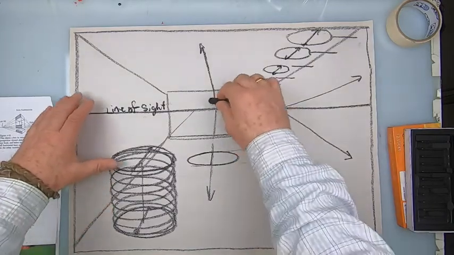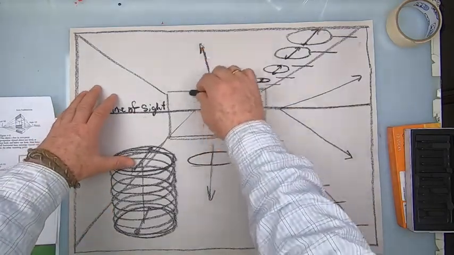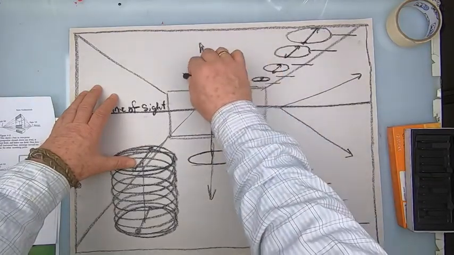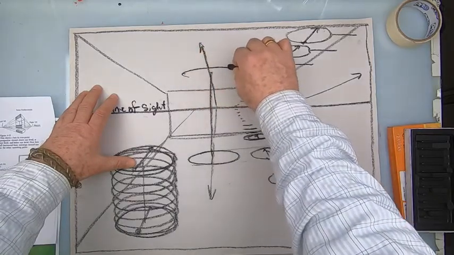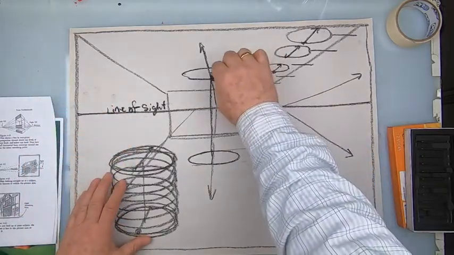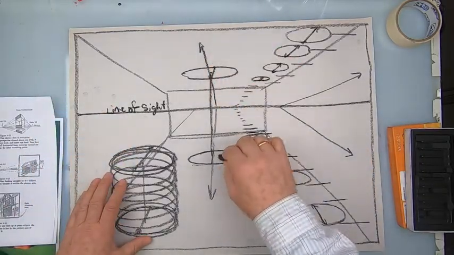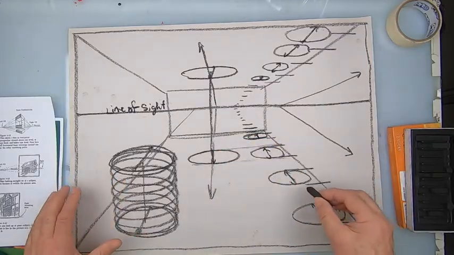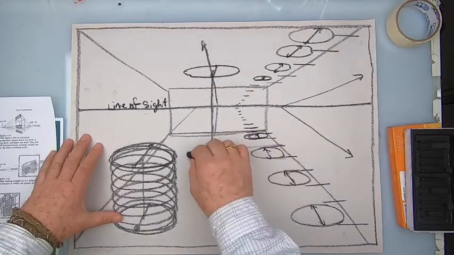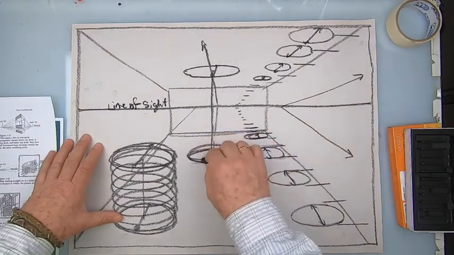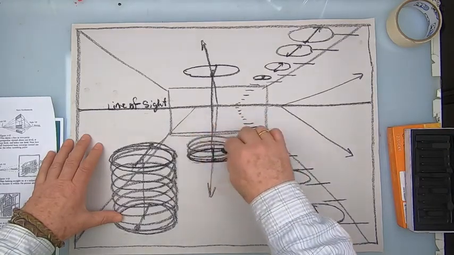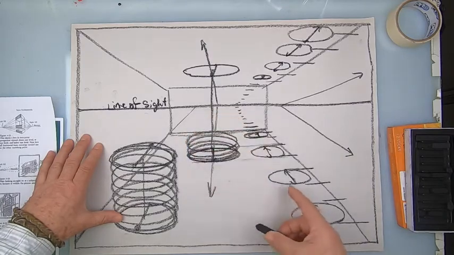And if we go above the line of sight, we're going to be looking up at that ellipse there, right? That distance, same as this distance. Okay, and so here we go. Front, back, and these ellipses are following the same concept here.